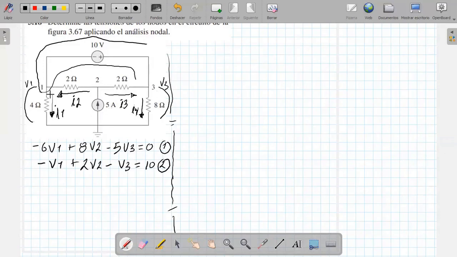I can replace all that is here with those voltages, right? So I can place at that point the representation of that voltage V1, and on this side the representation of that voltage V3.